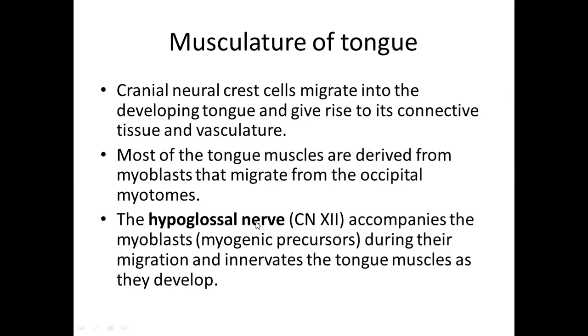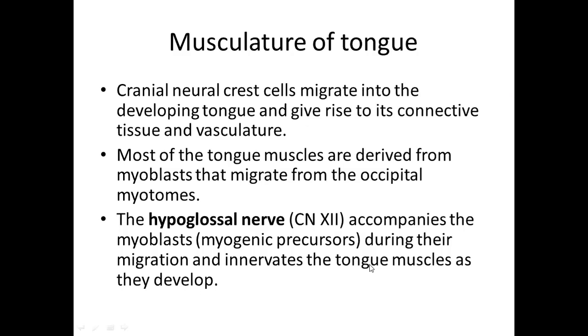The pre-somites will form the occipital myotomes and contribute to the musculature of the tongue. And since the nerve supply of those occipital somites is by the hypoglossal nerve, when they migrate, they will carry their nerve supply along with them. So most of the muscles of the tongue are supplied by the hypoglossal nerve, except the palatoglossus, which develops from head mesenchyme.